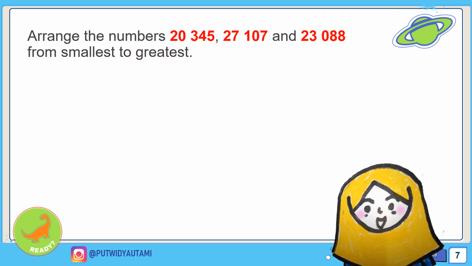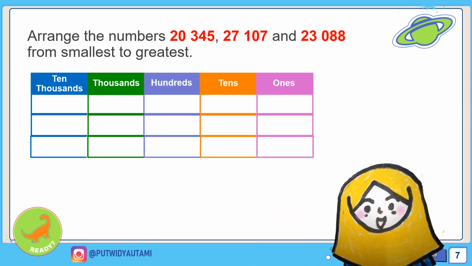Now, let's arrange the numbers. We got 20,345, 27,107, and 23,088 from smallest to greatest. Let's compare them using table.